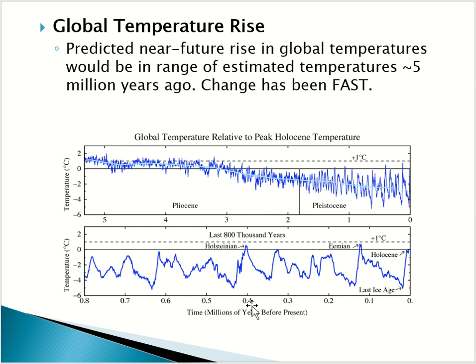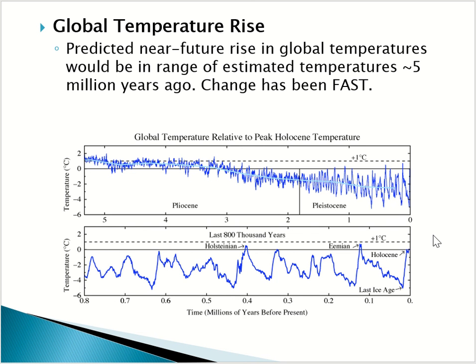Within the last 800,000 years, there have been pretty large swings in global temperature, but here we're talking 0 to 4 degrees, and that's degrees Celsius, but largely in the downward direction.